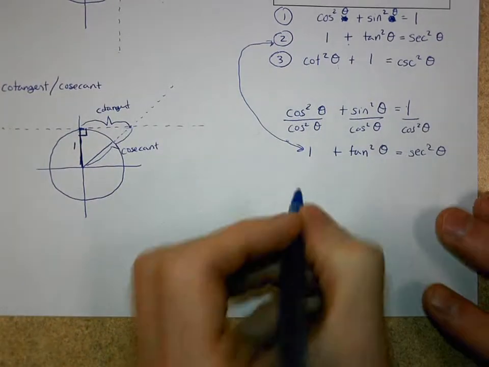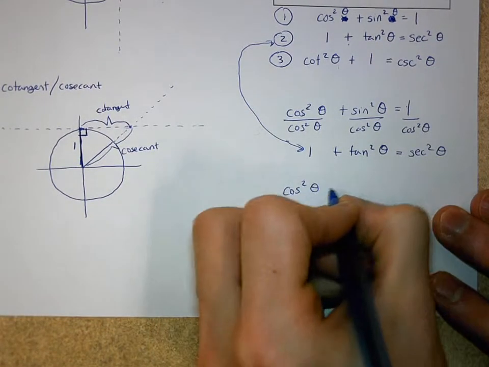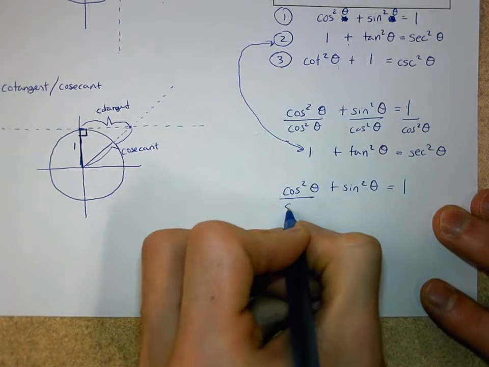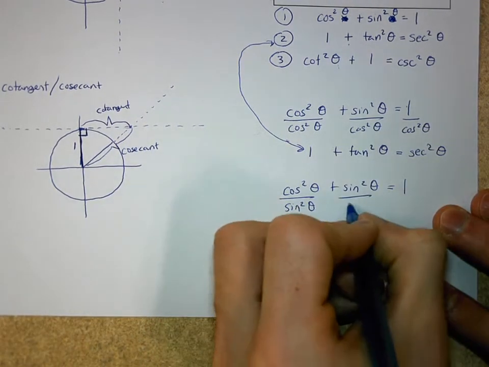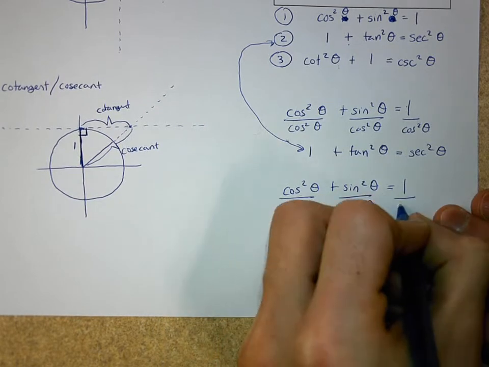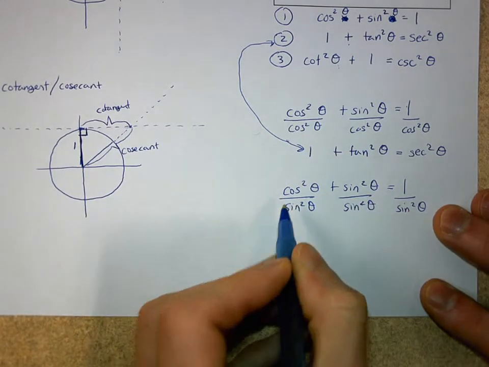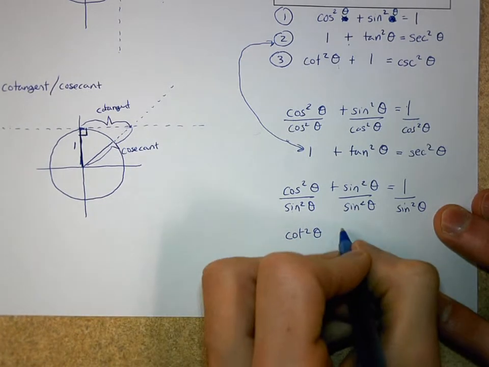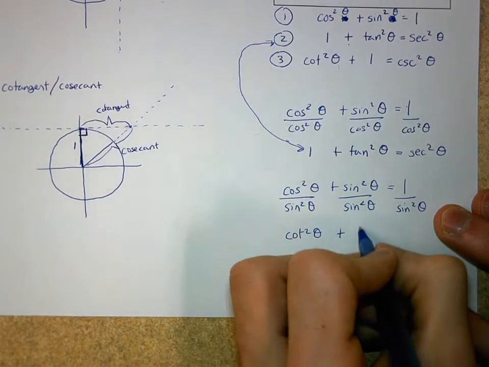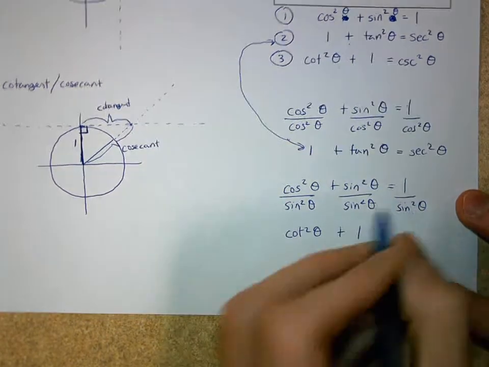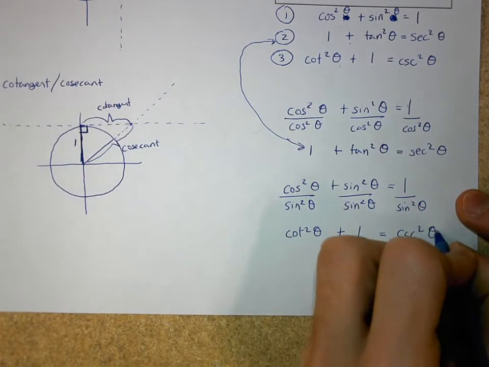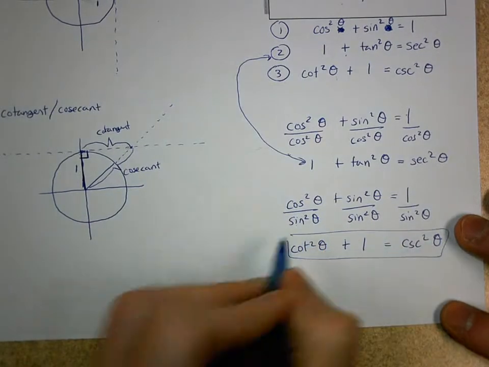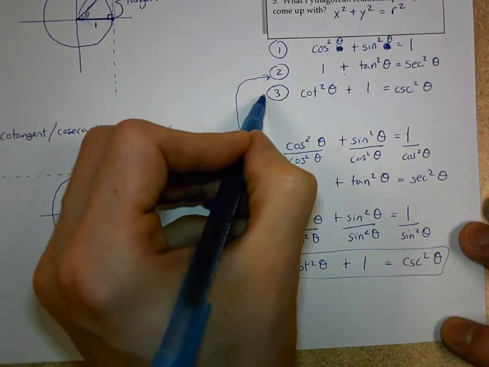And if I were to do the same thing, but this time dividing through by sine squared, cosine squared over sine squared is the same thing as cotangent squared. Sine squared over sine squared is equal to 1, and then 1 over sine squared is cosecant squared. So then this right here is the same thing as number 3 right there.